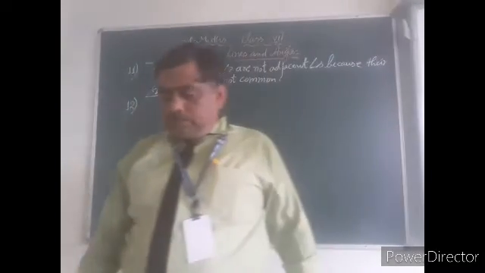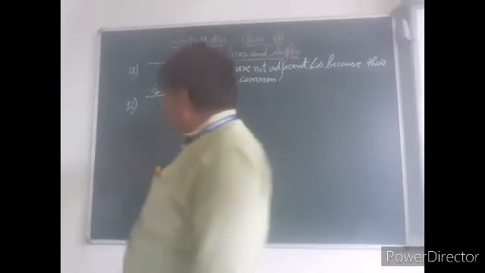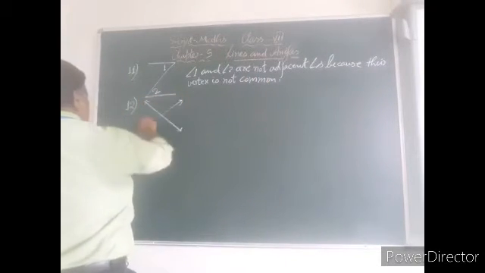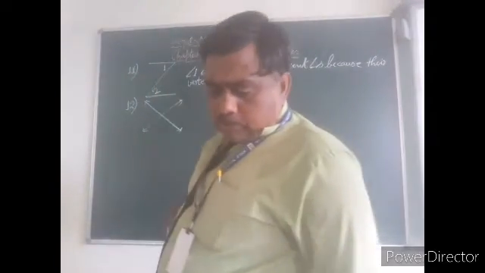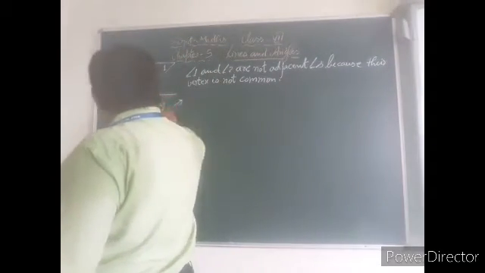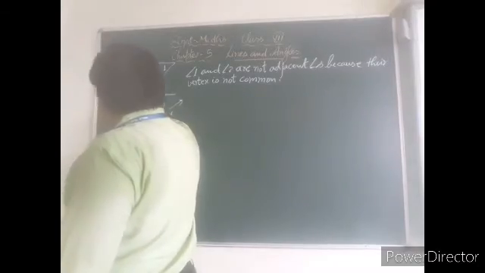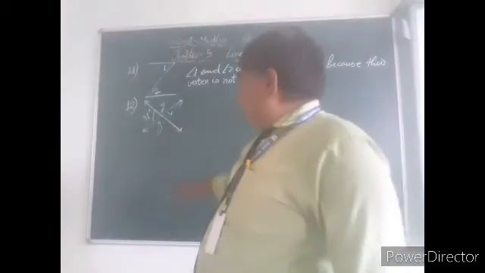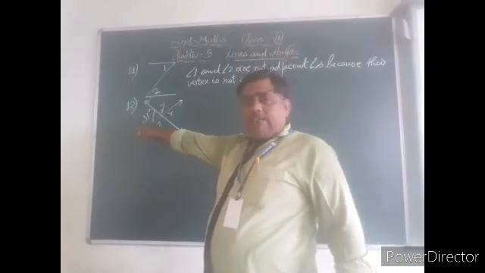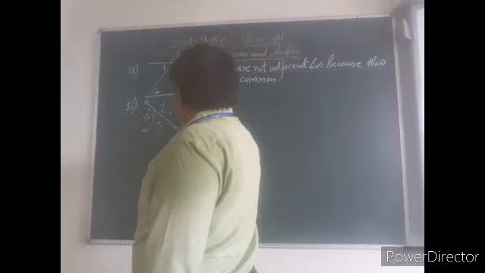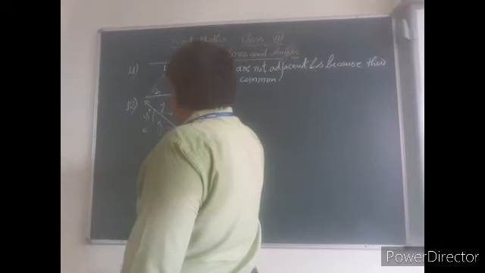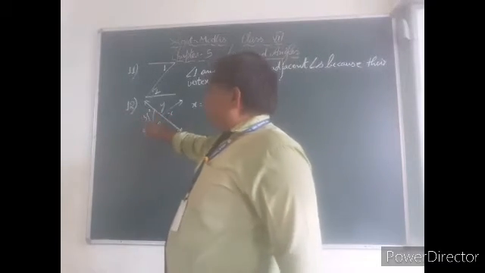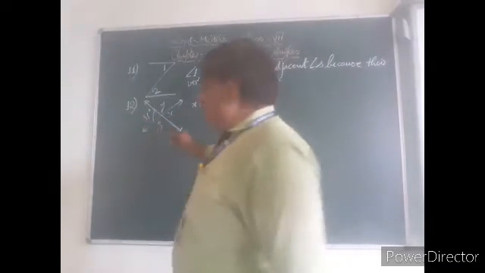Question number 12. We have to find out the value of X, Y, Z, with one angle 55 degree. So X equal to 55, vertically opposite angles. X equal to 55 degree. Now Y plus 55 is equal to 180, linear pair.